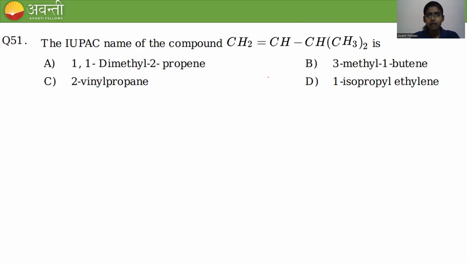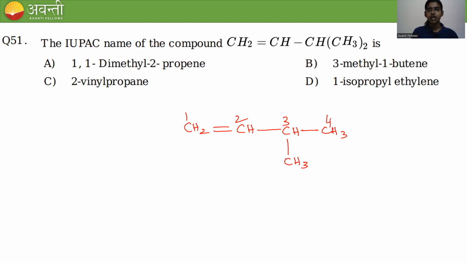The IUPAC name of the compound. So it is CH2 double bond CH, CH, and to the CH, CH2, CH3 groups are attached. So this is the given compound. We have to start numbering from the alkene carbon. Double bonded carbon should get the first priority. So it is 1, 2, 3, 4, and in the third carbon we have a methyl group.